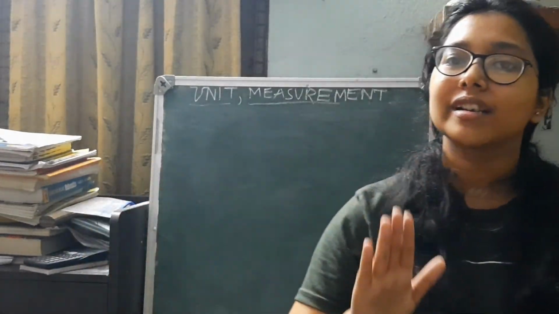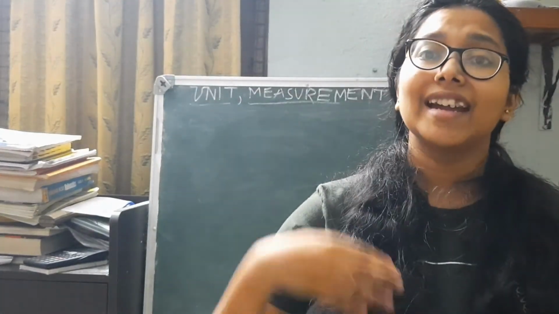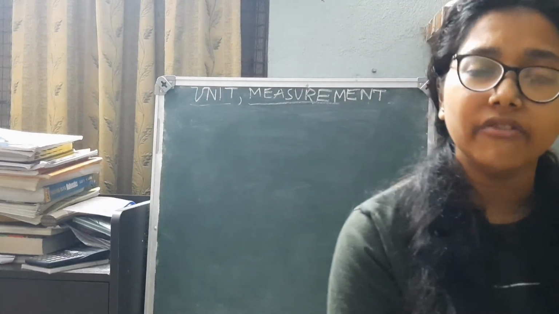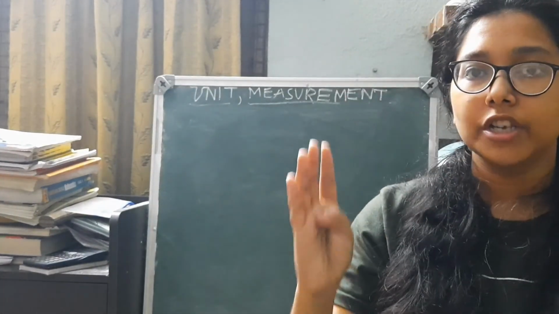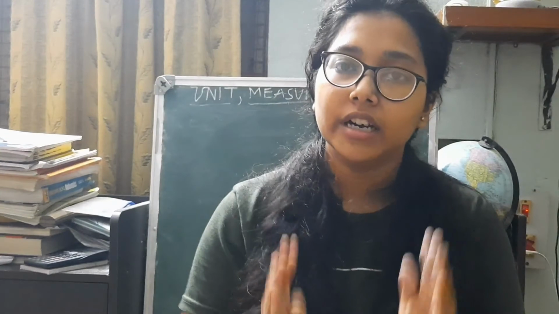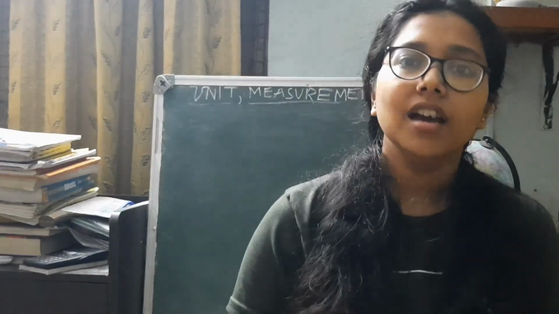And most importantly the graph of T square versus L and how we get the acceleration due to gravity G from that graph, which I discussed today. So in these 3 videos I have completed each and every part which needs to be done for your exam purpose and most importantly for your learning purpose of units and measurement.